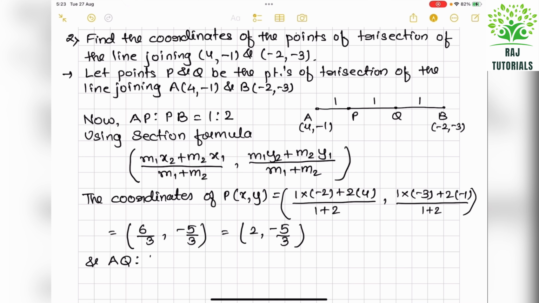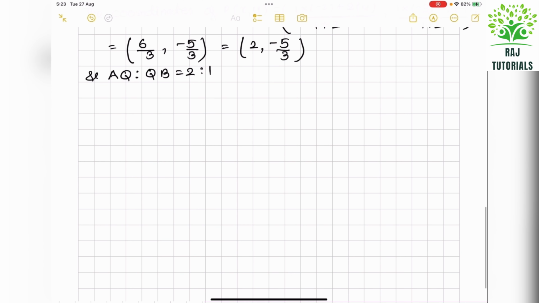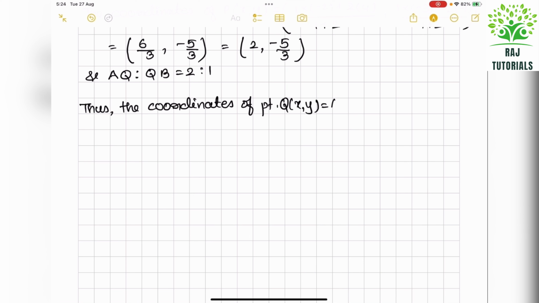AQ is to QB equal to 2 is to 1. Thus the coordinates of point Q (x, y) will be equal to 2 into minus 2 plus 1 into 4 by 2 comma 2 into minus 3 plus 1 into minus 1 upon 2 plus 1.